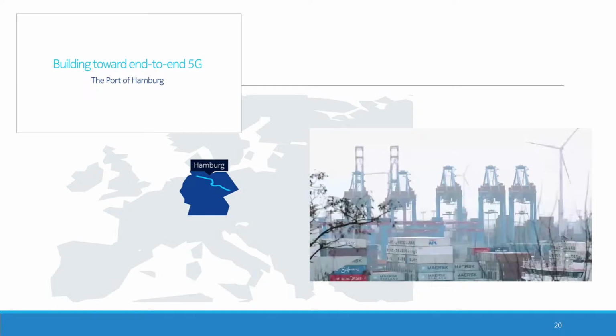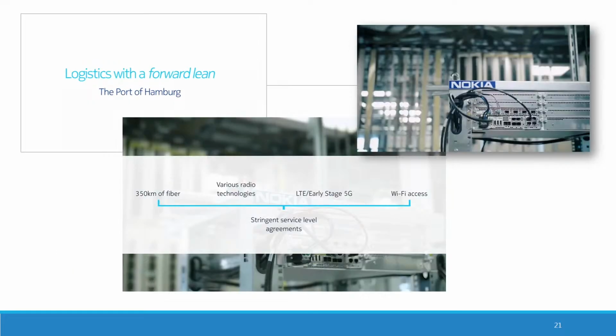So at the end, they give an example. It's about the Port of Hamburg. Hamburg is in Germany. In this example, they are trying to implement 5G in the port. We know the port usually covers a very large area.